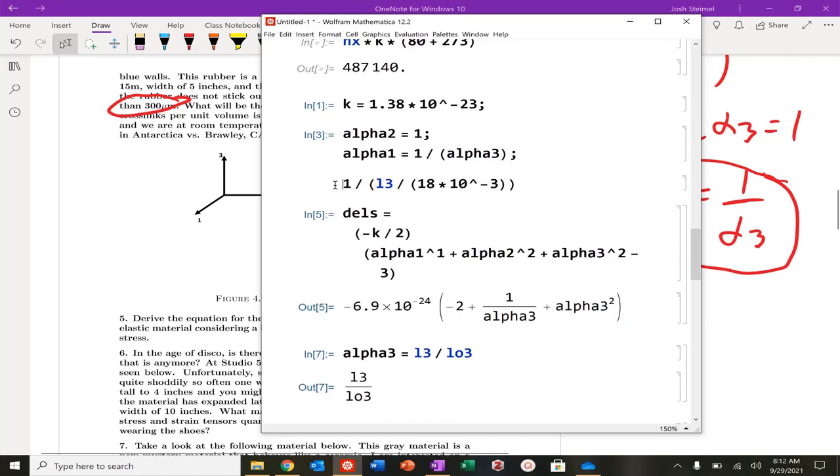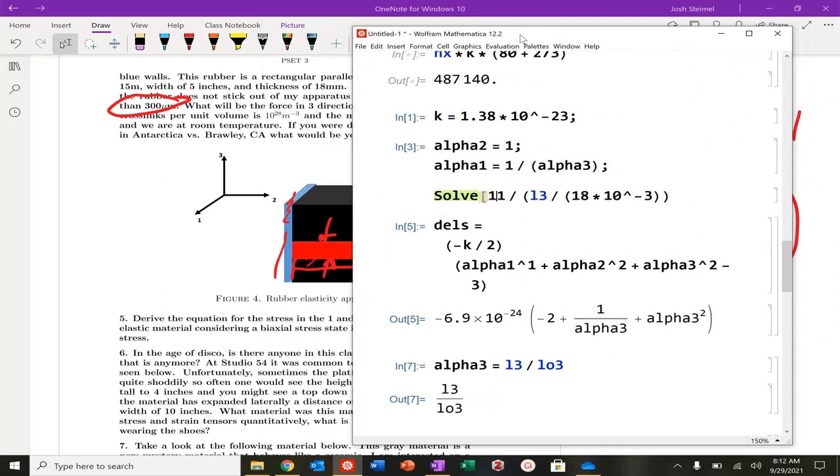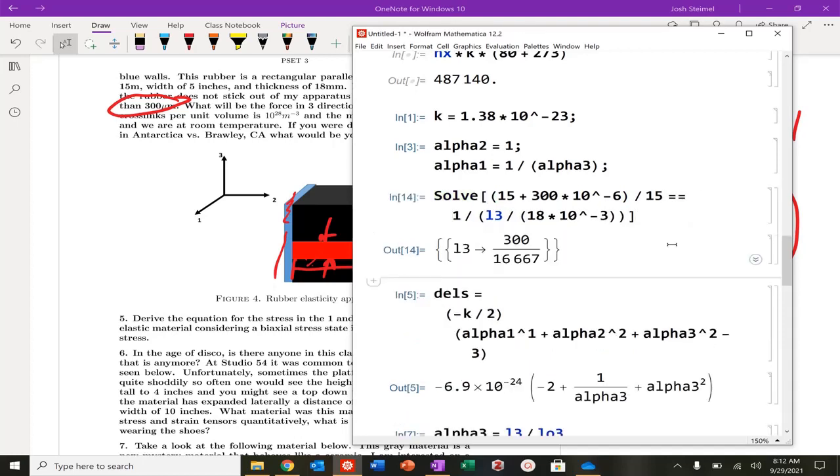My new length in the 1 direction is simply going to be 15 meters plus 300 times 10 to the minus 6, because you're jutting out just a little bit there, divided by 15, and then set this equal here, and then solve.